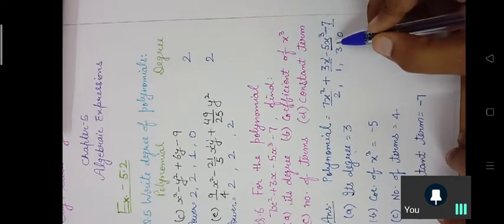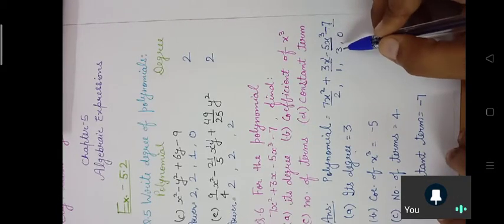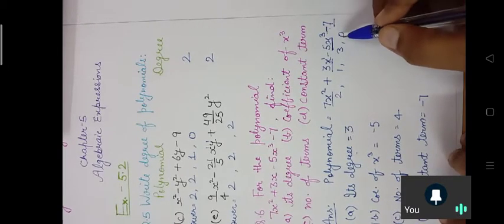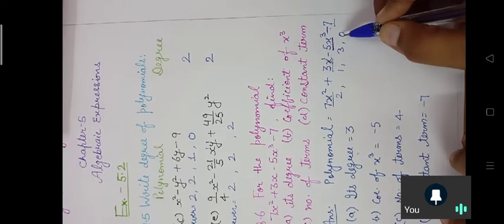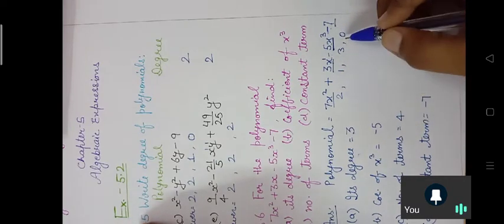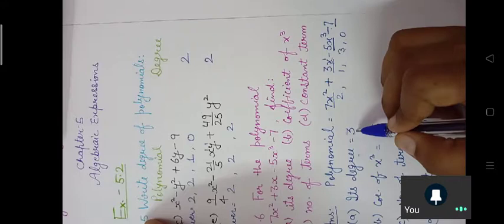In the third term again only one variable is present and its power is 3, so the third term's power is also 3. In the fourth term no variable is present, hence the power of the term will be 0, because we have to look at the power of the variable only, not the power of the constant. So among these four powers, 3 is the highest power. So the degree of the polynomial will be 3.